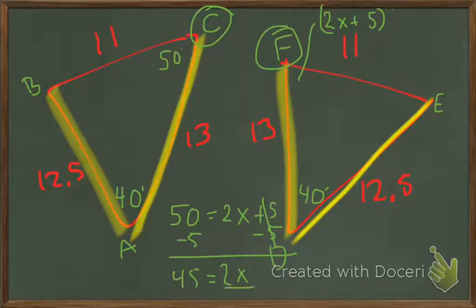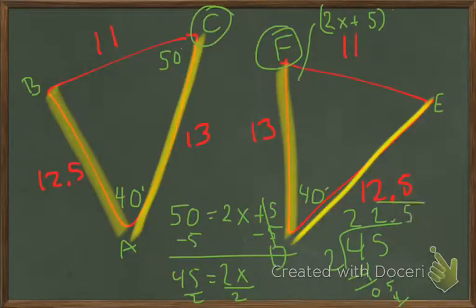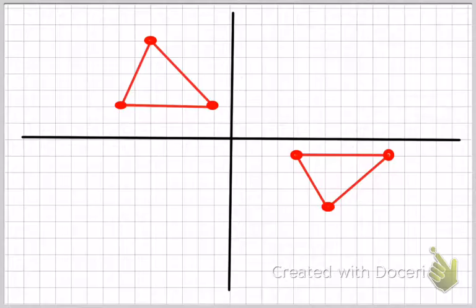And then the last thing we need to do is divide by 2. 45 divided by 2 is 22.5. So x is 22.5.